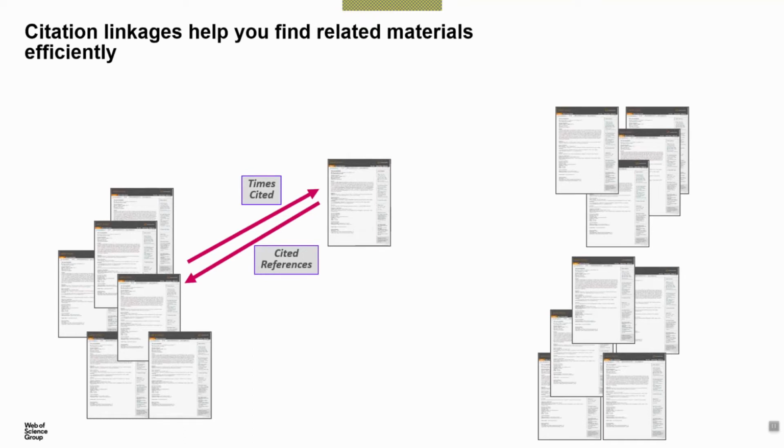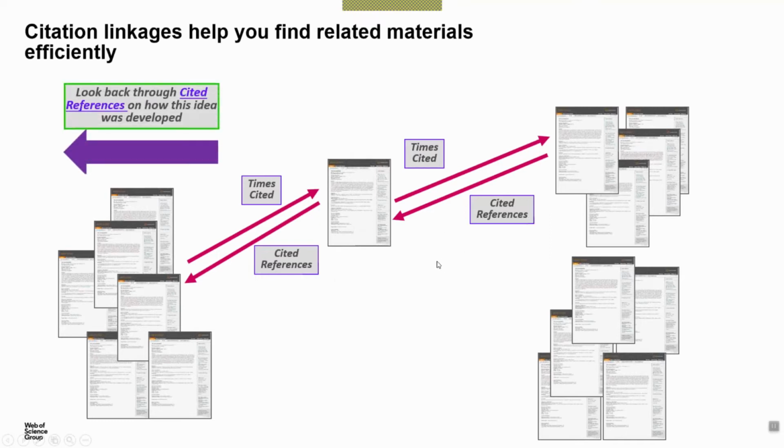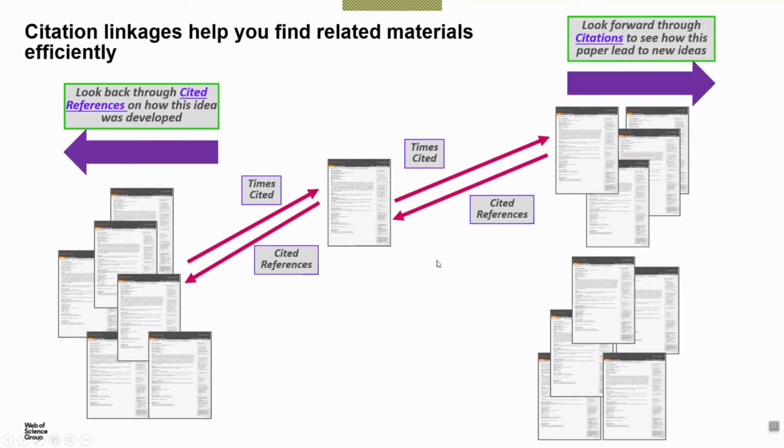But because Web of Science indexes the reference list of every single paper, you will also be able to know what new paper has cited your Eureka paper, and you can click through to the new papers. So you can see the older papers in the reference list and newer papers in the citation network.